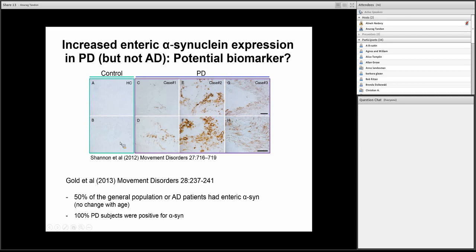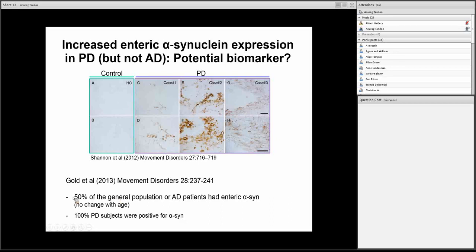And in a subsequent study, Gold et al., which was actually done here in Toronto by David Munoz's group at St. Mike's, they replicated part of this, to the extent that they also found that 100% of the Parkinson cases were positive for alpha-synuclein pathology in the colon.